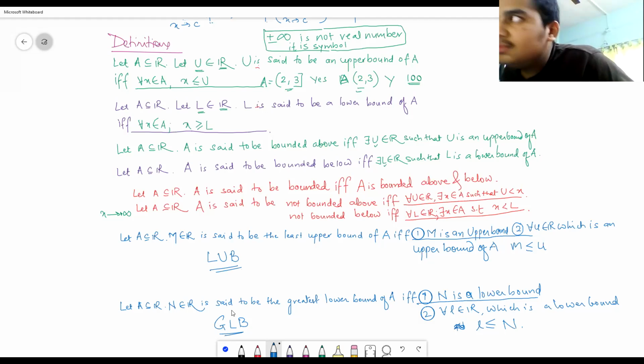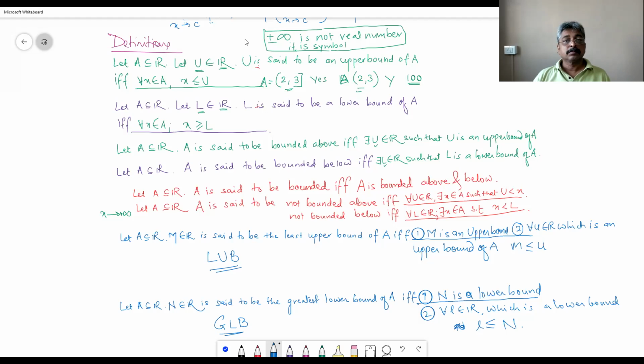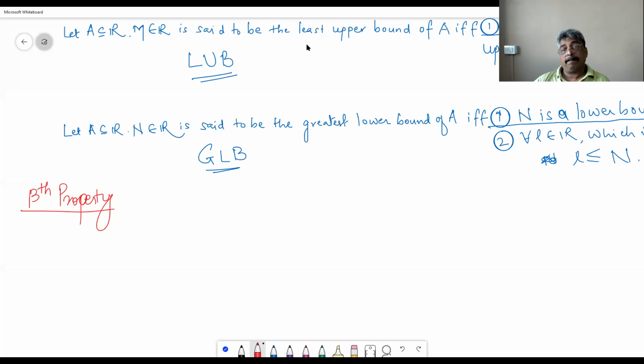Sir, we can also say that M is an upper bound. 13th property of real numbers.